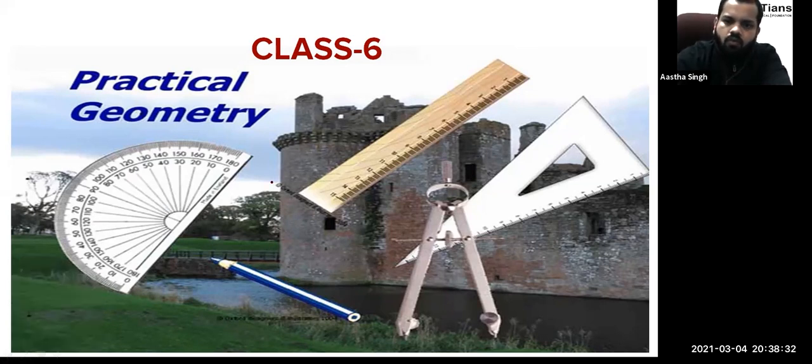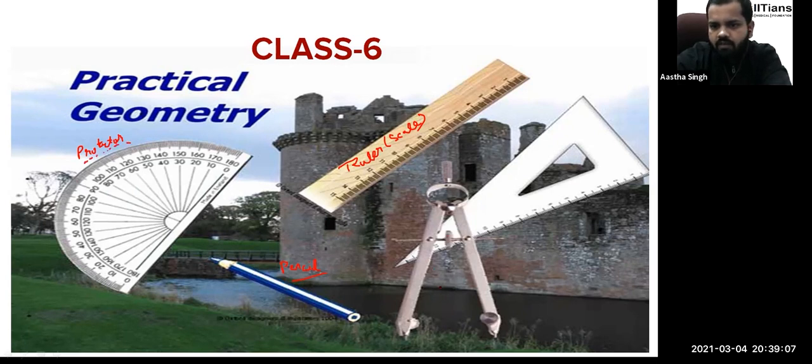So I think you know the names of all the instruments down here. This is basically your pencil, right? This is your ruler, or you can say scale. Okay, and this one is your protractor, used for your angles, to measure the angles.